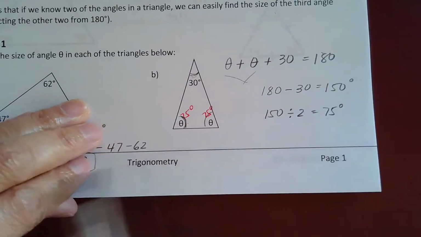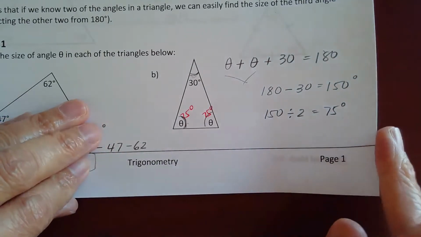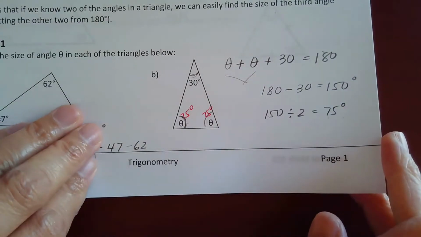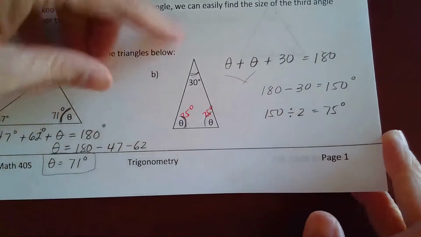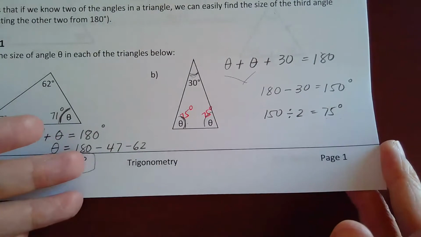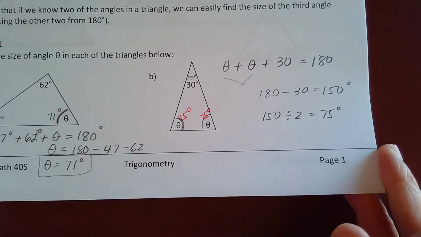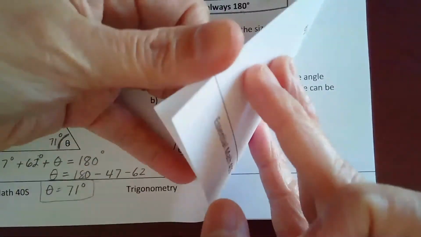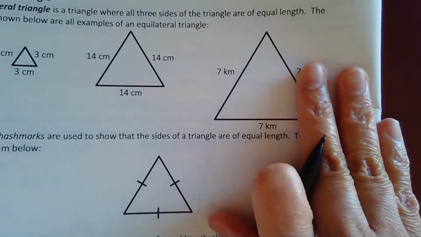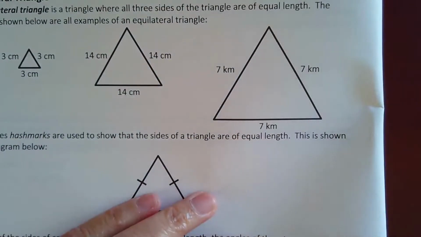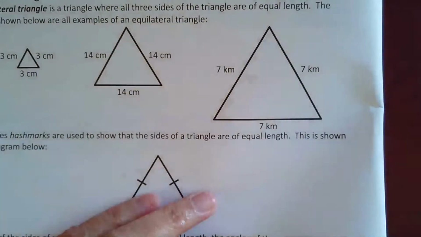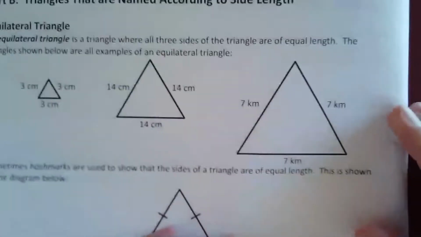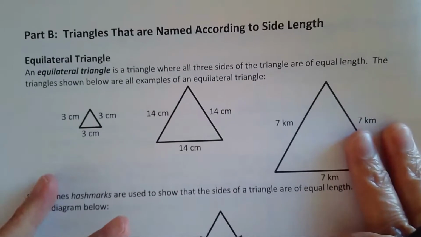So that's just a kind of review of the 180-degree rule that we talked about before. If this is something new to you, if you've never seen this before, it's not bad. It's pretty straightforward. Okay. So now that's part A of that. Now we're going to do part B. So what does a part B look like?